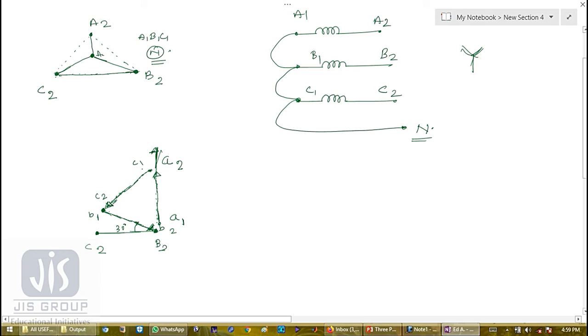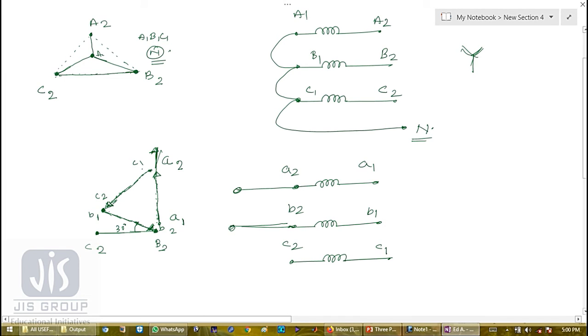So let me draw the secondary winding diagram first. So this is winding 1. This is winding 2. This is winding 3. Okay. So this is my A2, B2, C2, A1, B1, C1, and A2, B2, C2 are the brought out terminals.